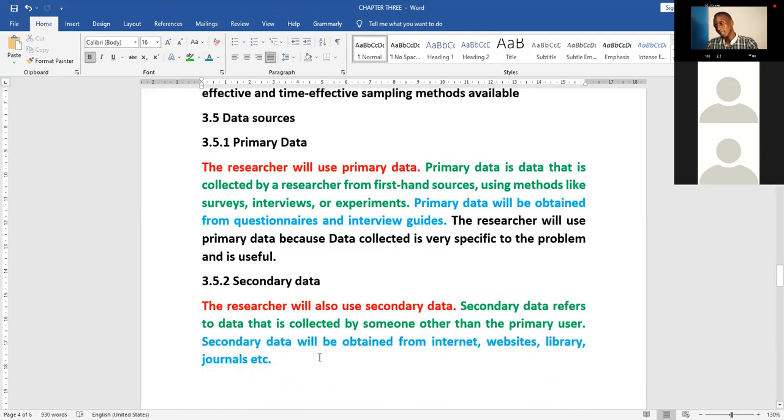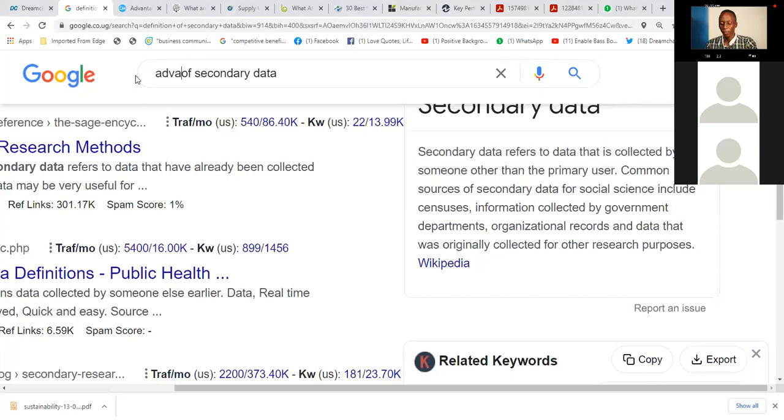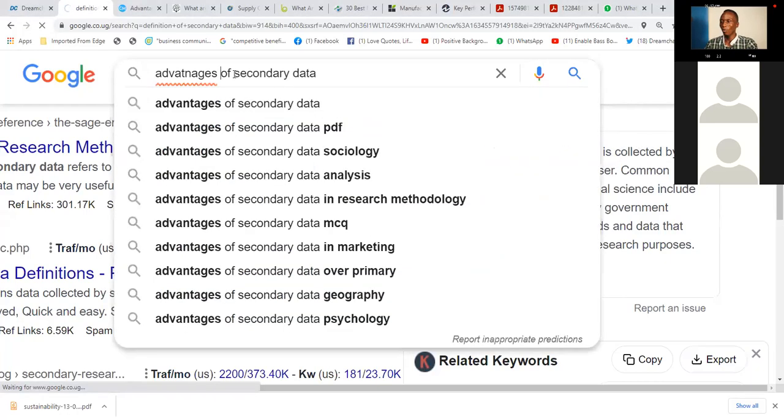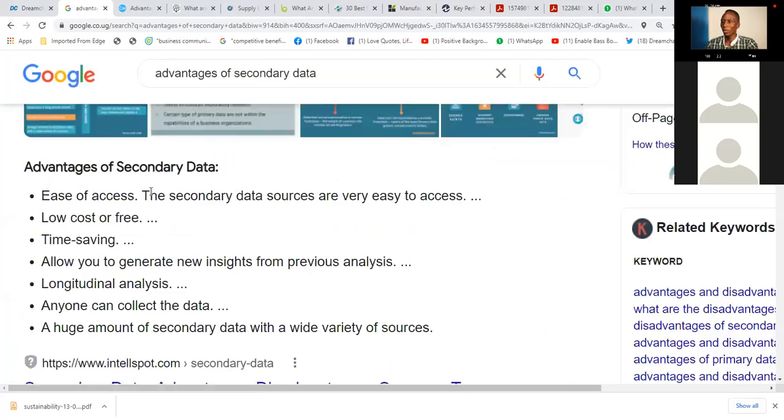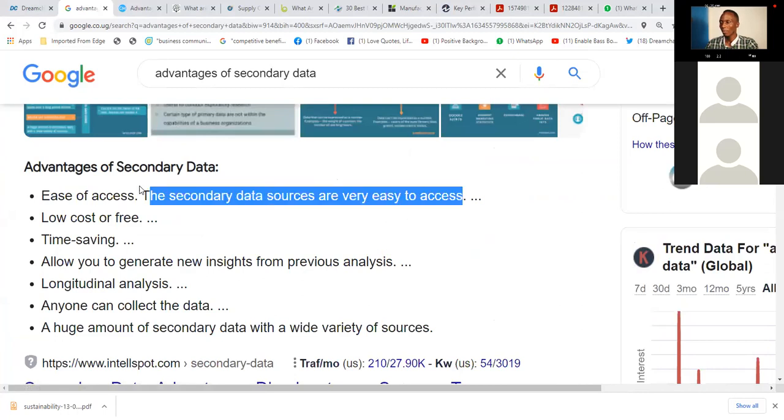Then the last item is justification. You're supposed to justify why you're using this item. So why are you using secondary data? We are going to stop here and come back to the internet and look for the advantages of secondary data, just like this. When you look for the advantages of secondary data, you can see that there are so many, but let me just take this.